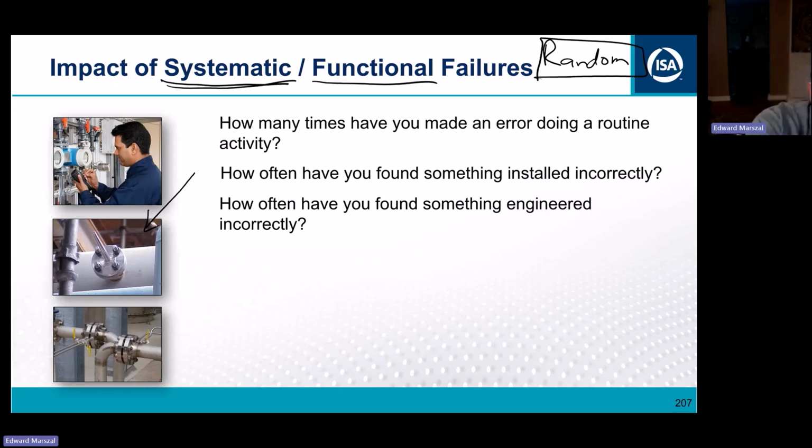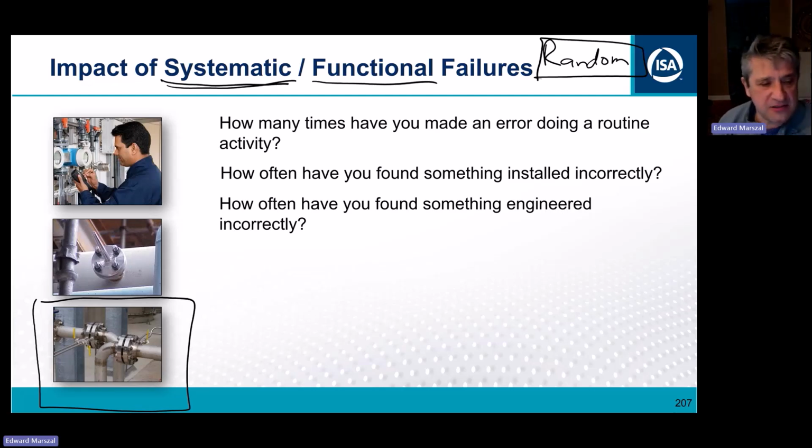So looking at this last picture down at the bottom here, this is kind of instrument engineering 101. Well, maybe not 101. We're measuring the flow by getting the differential pressure upstream and downstream of an orifice plate. So we can correlate that differential pressure to the flow rate based on the temperature and the properties of the fluid that's flowing.